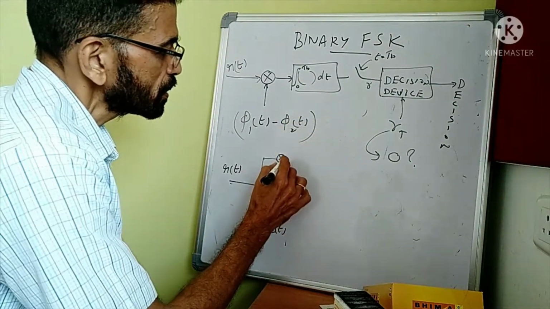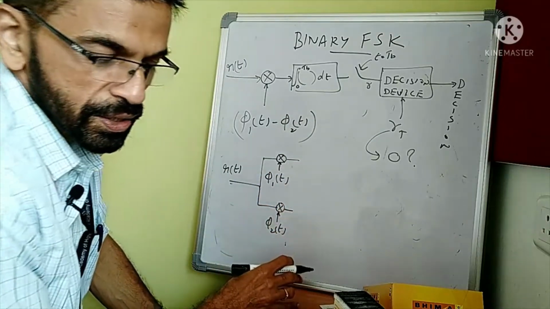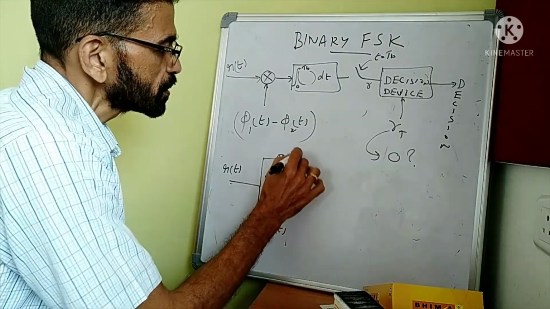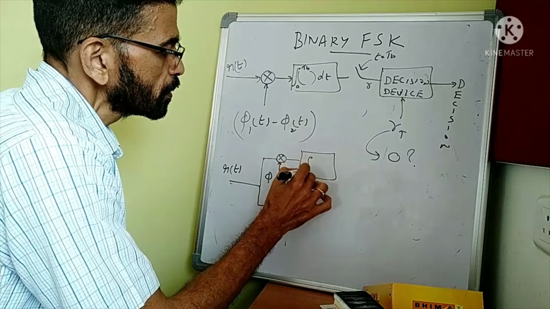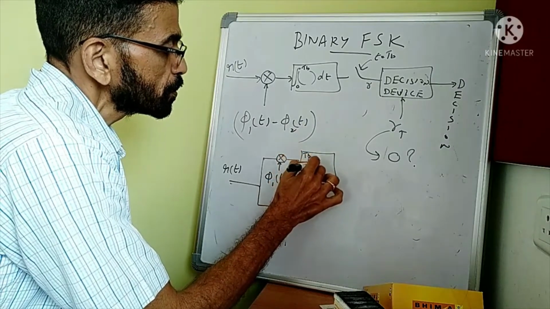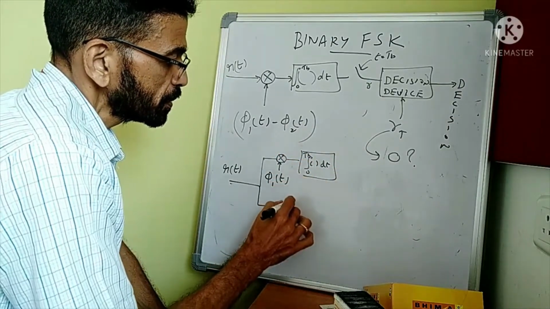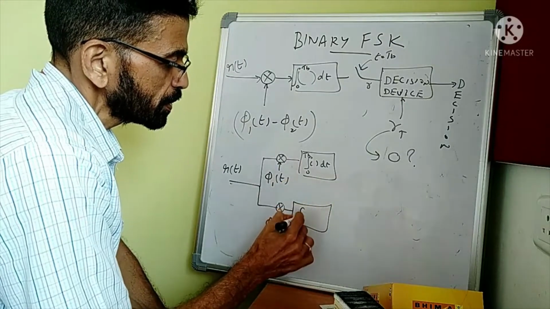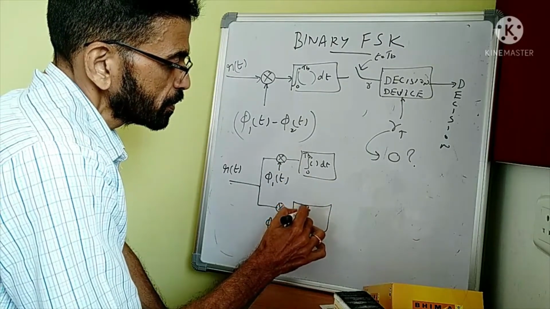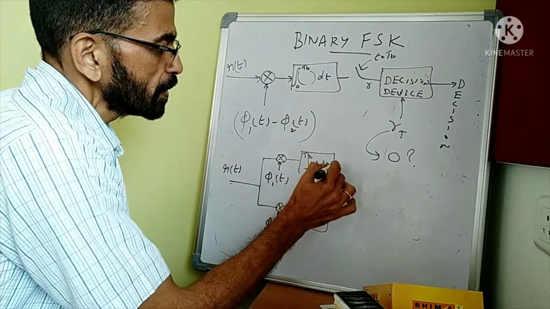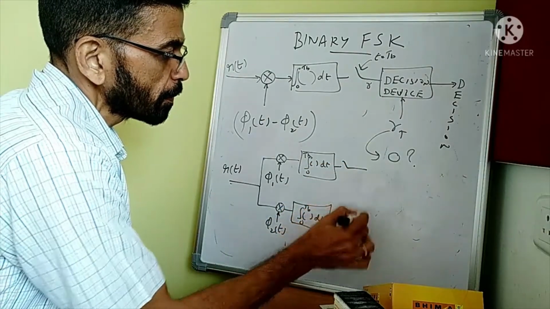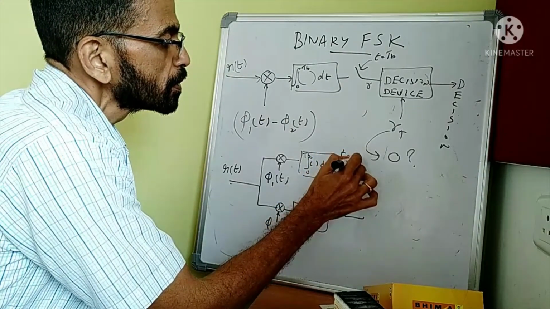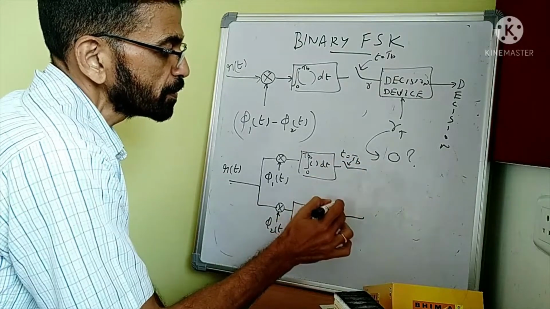It's the same thing in a different schematic. Integrate from 0 to TB dt, so you integrate separately and sample at t is equal to TB.